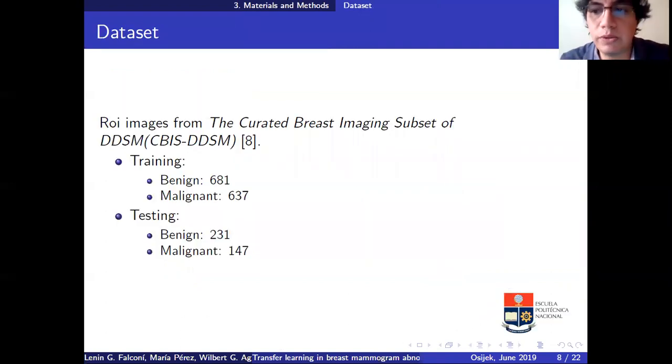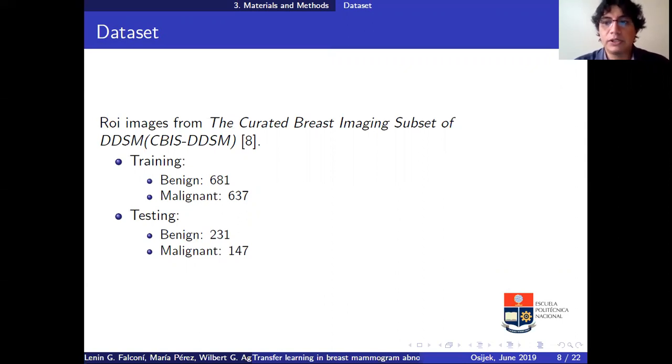The dataset that we used in this research was the Curated Breast Imaging Subset of DDSM. This dataset was published, I think, in 2017. The number of cases between benign and malignant are shown in the slide. As you can see, it's not a lot of data, and it's mostly based on DDSM.